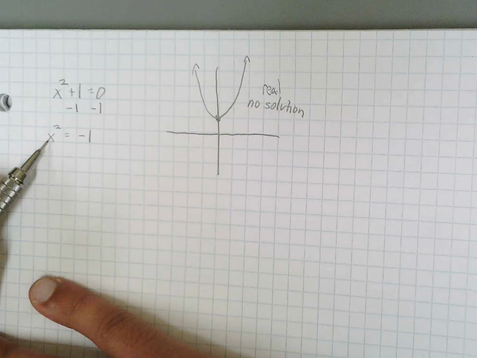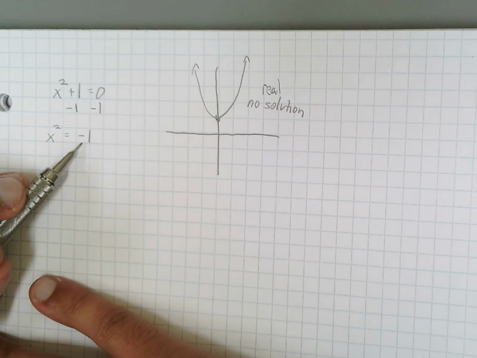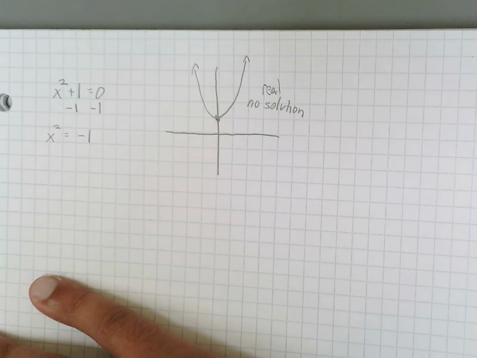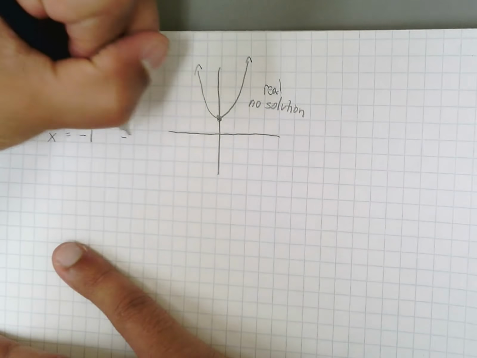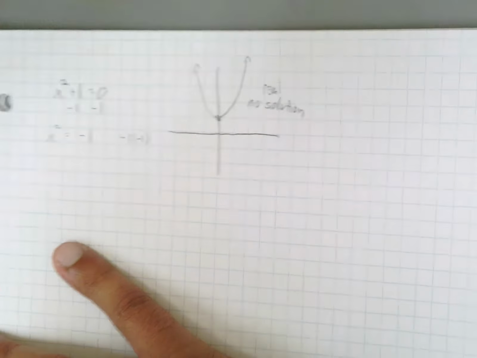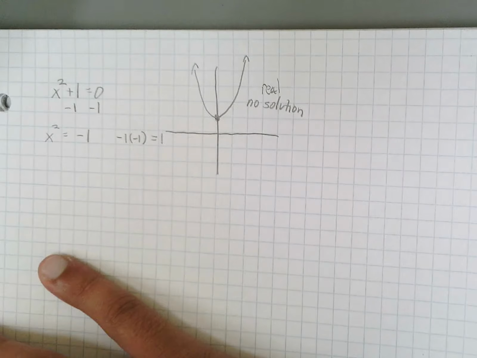So this is saying what number squared is negative 1? Well, that's tough because there's no number times itself that's going to be negative. Right? If you took negative 1 and multiplied that by negative 1, you don't get negative 1, you get positive 1. Any number squared is going to be positive.